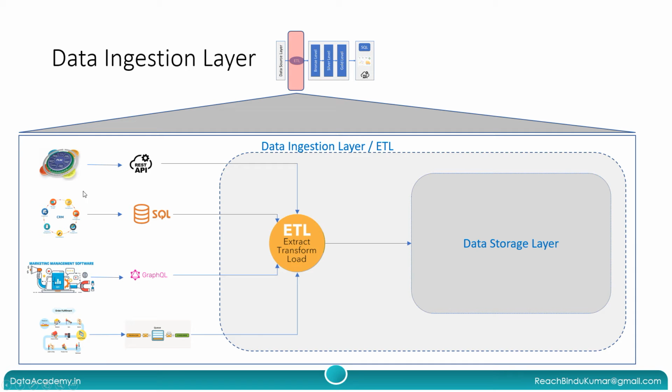So in this picture you can see these are the systems on the left side. Then you have these different interfaces, right? From these interfaces we are using some kind of an ETL tool that will talk to these different systems through these various interfaces. All the data is collected and then it is kept in the data storage layer.